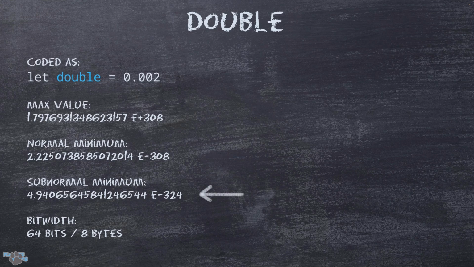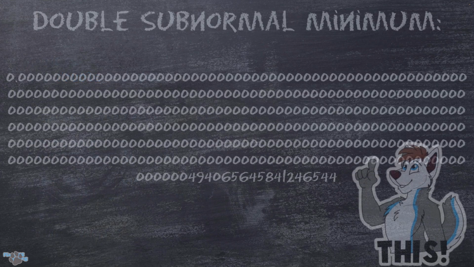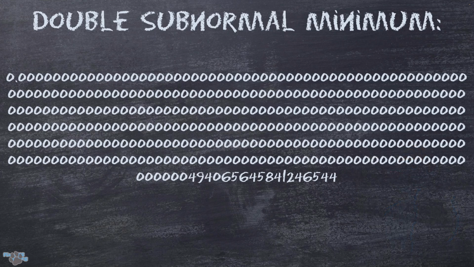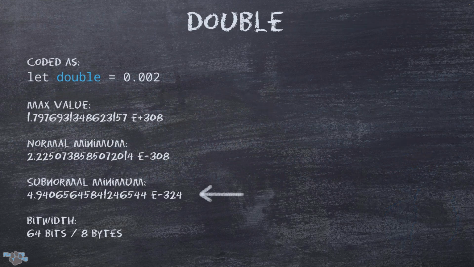And finally, for the double's subnormal minimum, we have this, or 4.9406564584124654 times 10 to the power of negative 324. With the double done, that is the end of our number types.